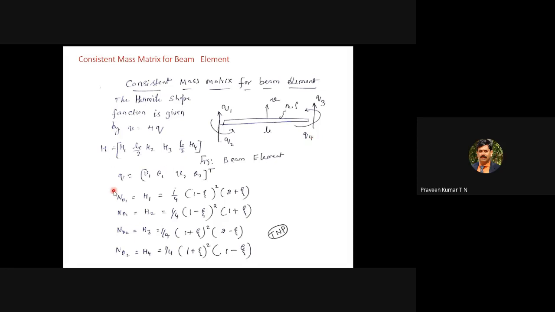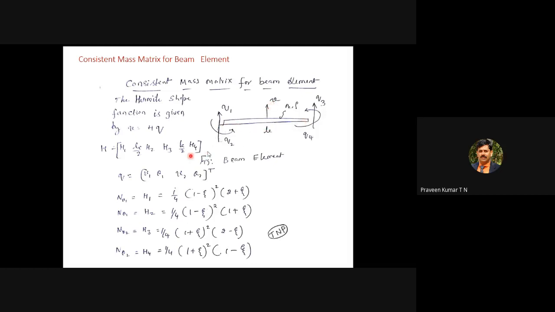So we have shown here the displacement vector is equal to the degrees of freedom at node 1 and the degrees of freedom at node 2. The degrees of freedom at node 1 are V1 and theta 1, and at node 2 they are vertical deflection as well as rotation. Then we have the H matrix. We have V, the displacement at any point within the element.